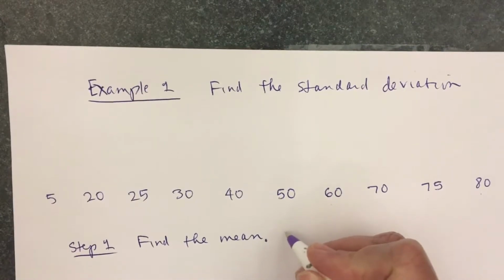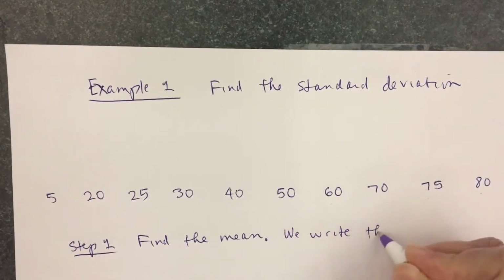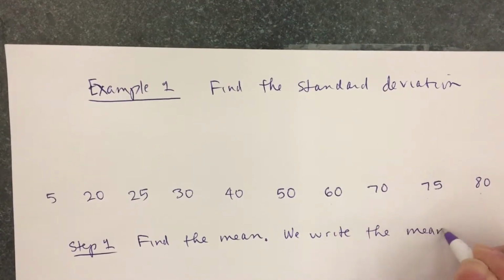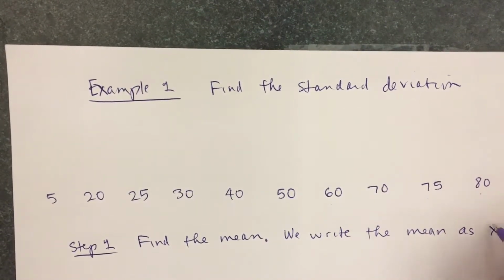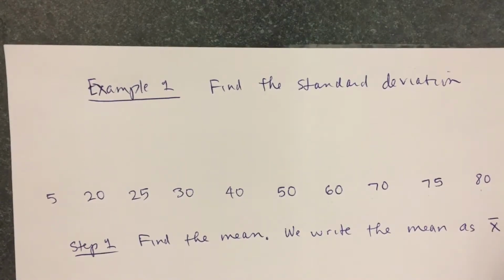Remember, I think I mentioned it last time, we write the mean as x with a line on top. I can read that x bar, and in this problem, x bar equals 50.